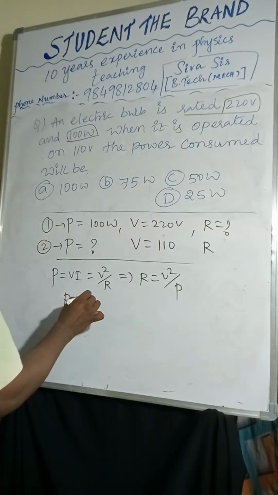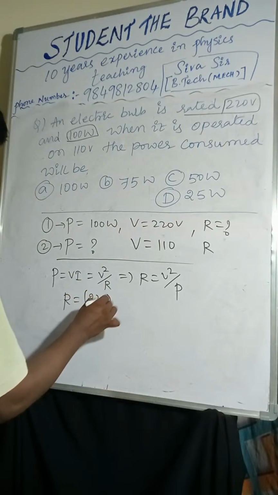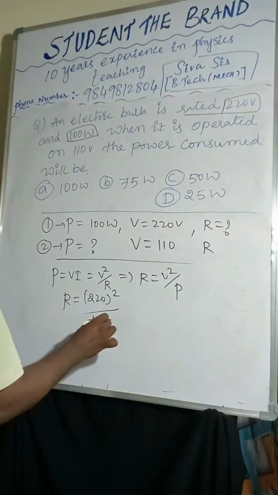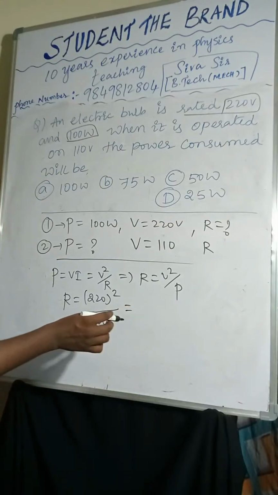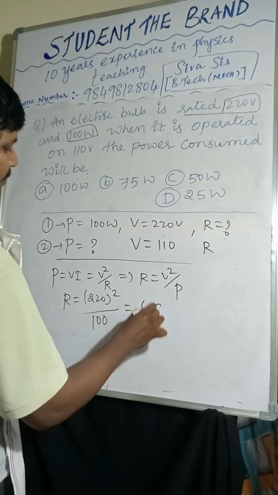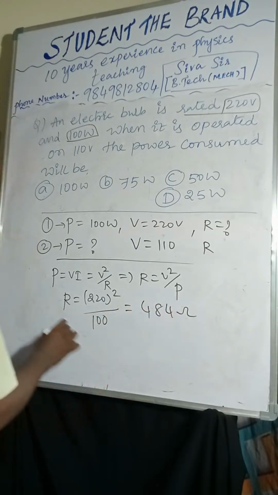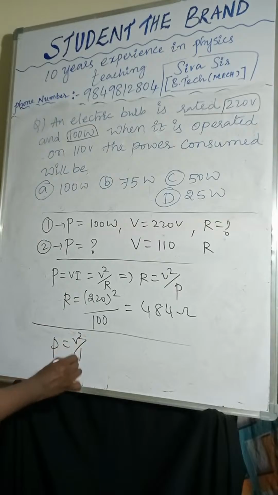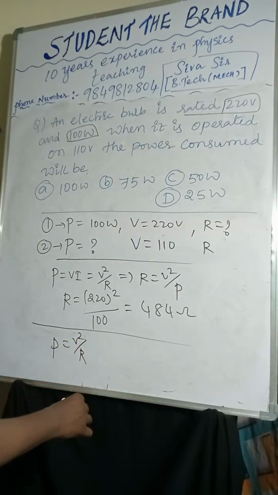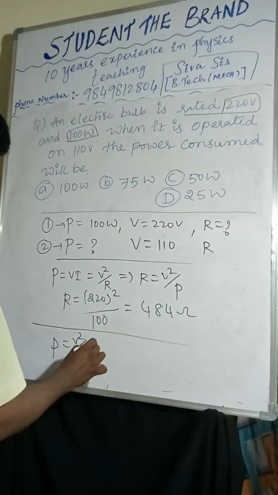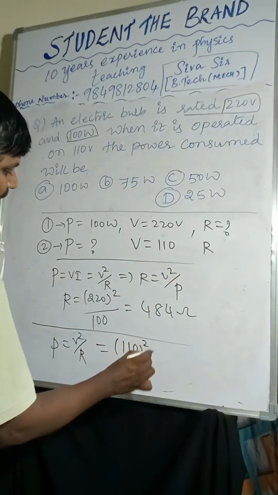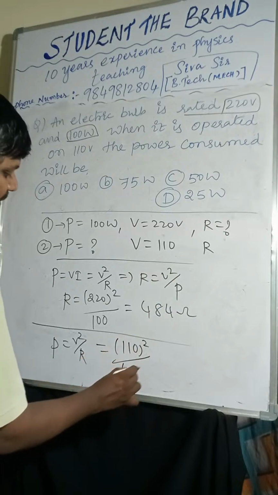Case 1: 220 whole square by 100. If you solve this, you will get 484. Then in the second case we have to find out power, power equal to V square by R. So V equal to how much? 110, 110 whole square by R, R is the same, 484.